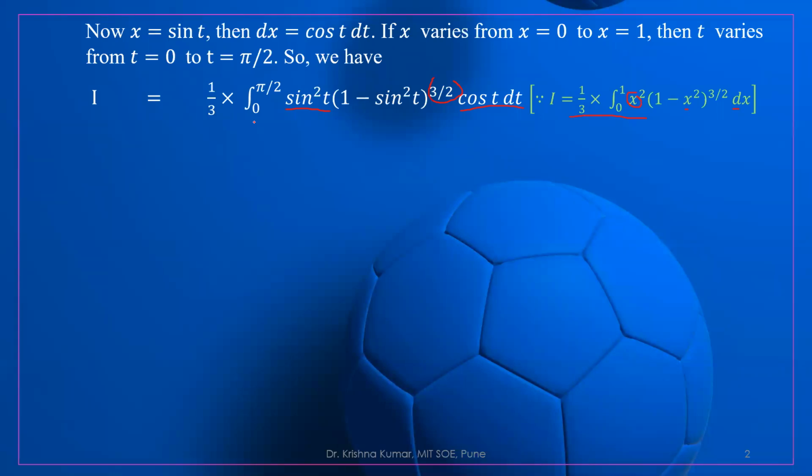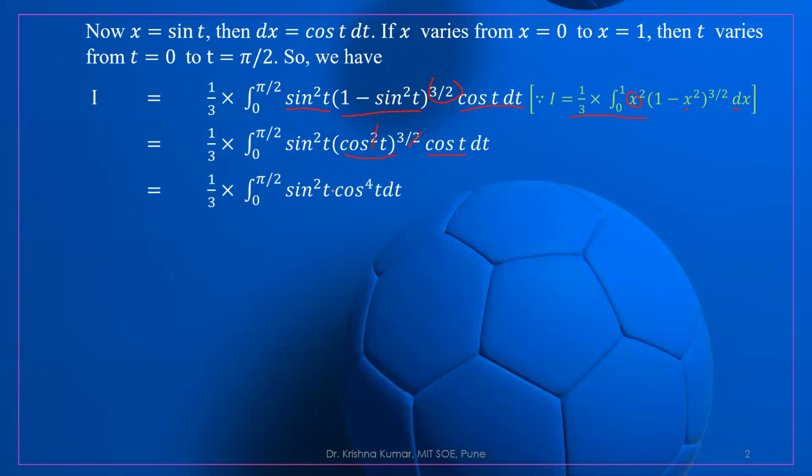Now let us simplify it. What is 1 minus sine square t? It is cos square t, and cos square t whole to the power 3 by 2. So this 2 and 2 will cancel. So we are getting sine square t, and cos cube t, and this cos t. So this is cos to the power 4 t.